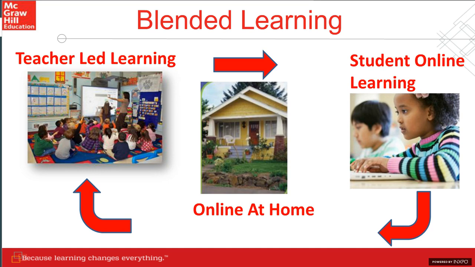Number two, student online learning that can occur within the classroom or within a computer lab. And finally, the online at home. What are students doing on the computer with their time at home? And there are lots of opportunities for at-home learning with Open Court Reading technology.